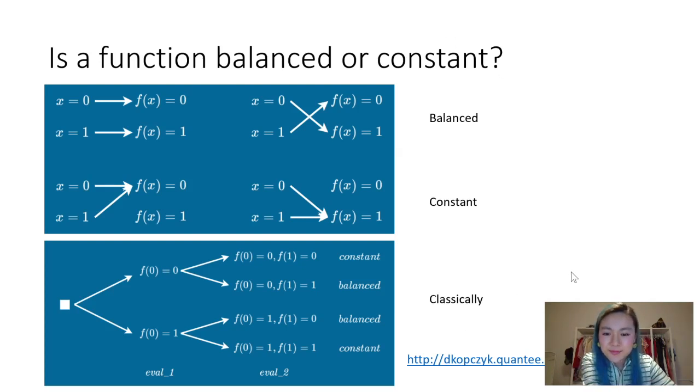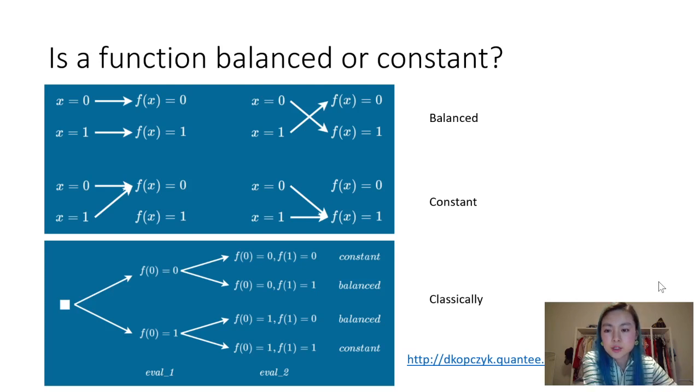Let's see. So if you want to figure this out classically, you have to test each step. You need to do one run of your classical algorithm and then see what your end result is. You have to evaluate all of your possibilities.